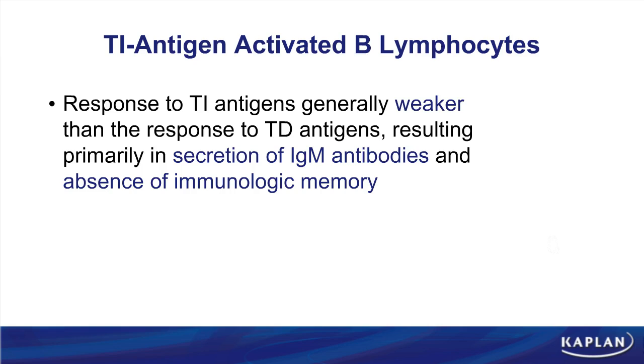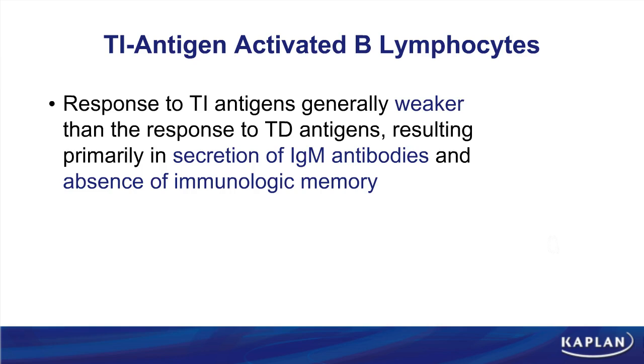We are going to get an IgM response, and we are not going to get a memory response per se. So we're not going to have booster dosing and things like that that we would normally look for in a scenario where we're talking about vaccinations.